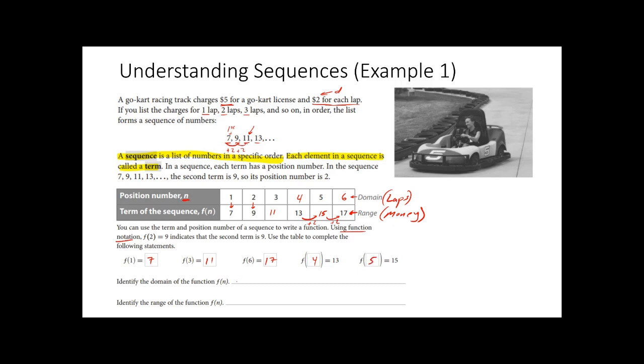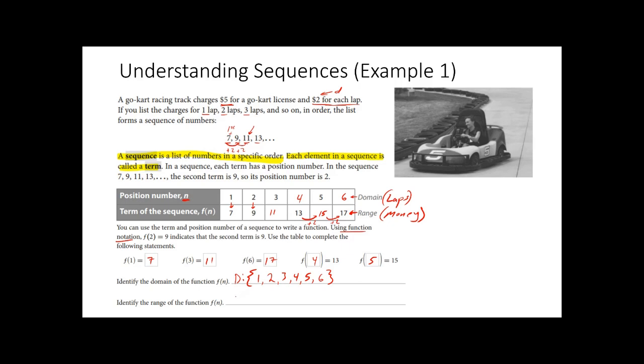Now, identify the domain of the function. Our domain is really first lap, second lap, third lap, fourth lap, fifth lap, and the sixth lap. Seems like we top off at 6, and you can even double check by the table.